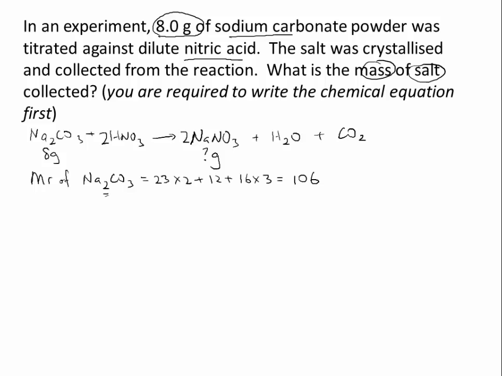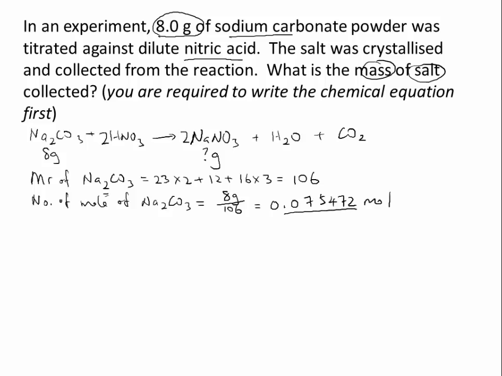Now next, you are given only 8 grams. So let's find out how many mole were you given. Number of mole of Na2CO3 is equal to 8 grams divided by 106, the molar mass of sodium carbonate, and that gives you 0.075472 mole.